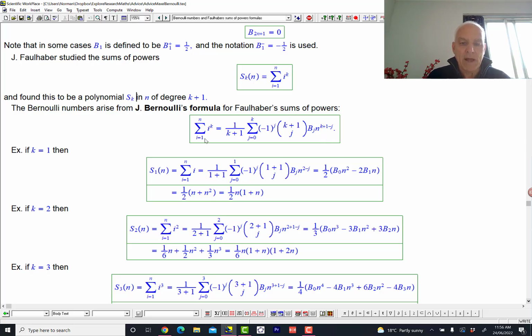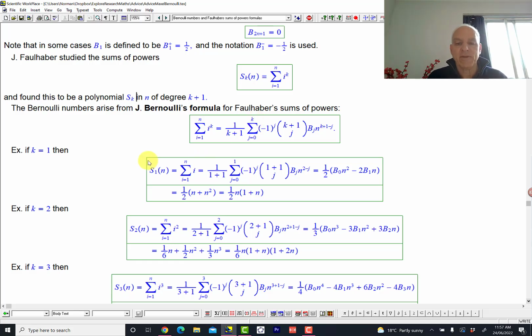The sum of i from 1 to n of i to the k is 1 over k plus 1, and then the Bernoulli number b sub j, multiplied by a power of n to the k plus 1 minus j. So this starts with n to the k plus 1, and then reduces one at a time as j increases from 0 to k.